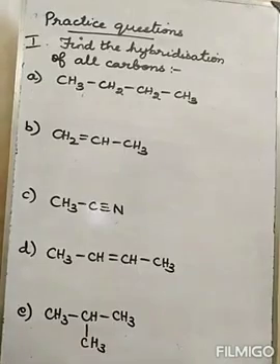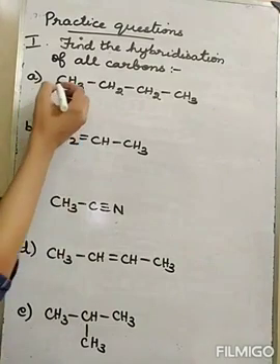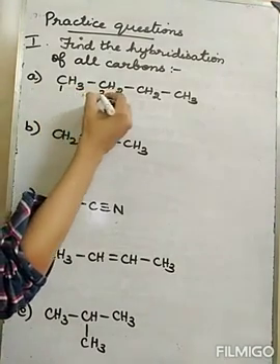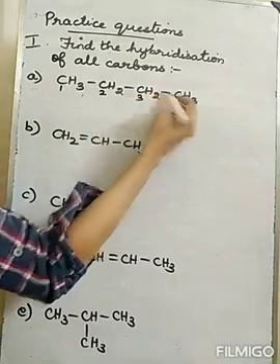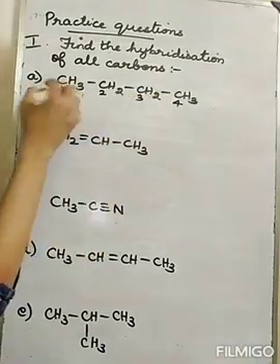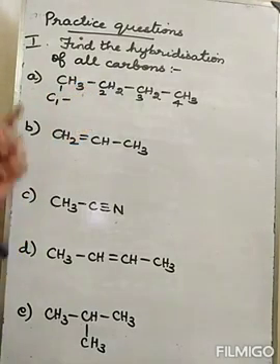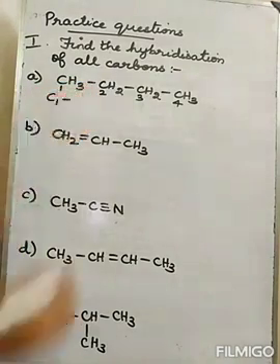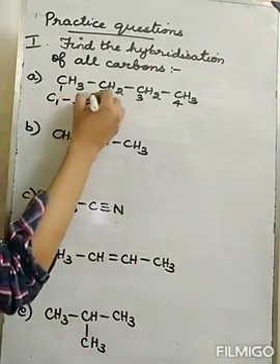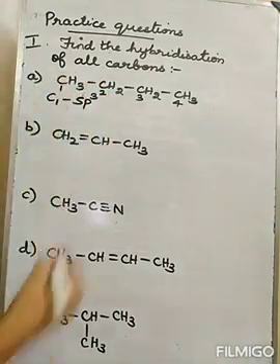Okay, practice question, first Roman letter. You must find the hybridization of all the carbons in the following compounds. Okay, so first let us number the carbons 1, 2, 3, 4. So carbon 1, it is having all single bonds. So if the carbon is having all single bonds, it is sp3 hybridized carbon.